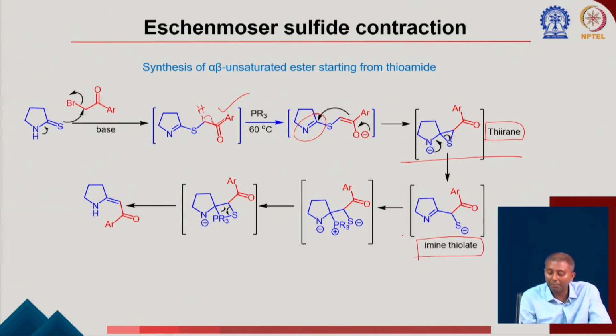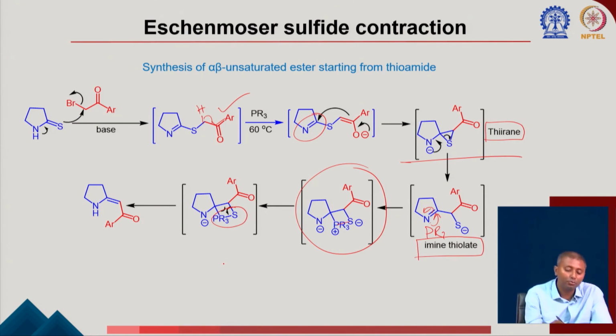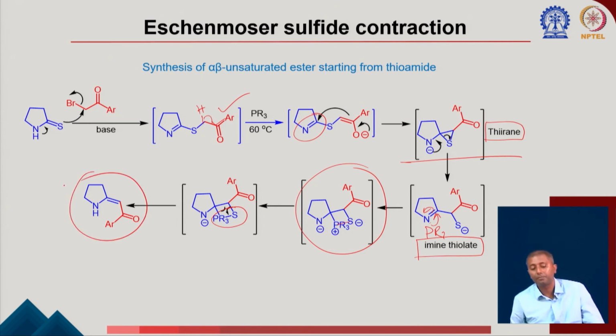Now the PR3, whatever the phosphines are there, is attacking here, forming this type of intermediate species which is now able to form this phosphorus sulfur bond, and after that they are able to get rid of this part, phosphorus and sulfur, forming a double bond very similar to the Wittig olefination to form this corresponding product.